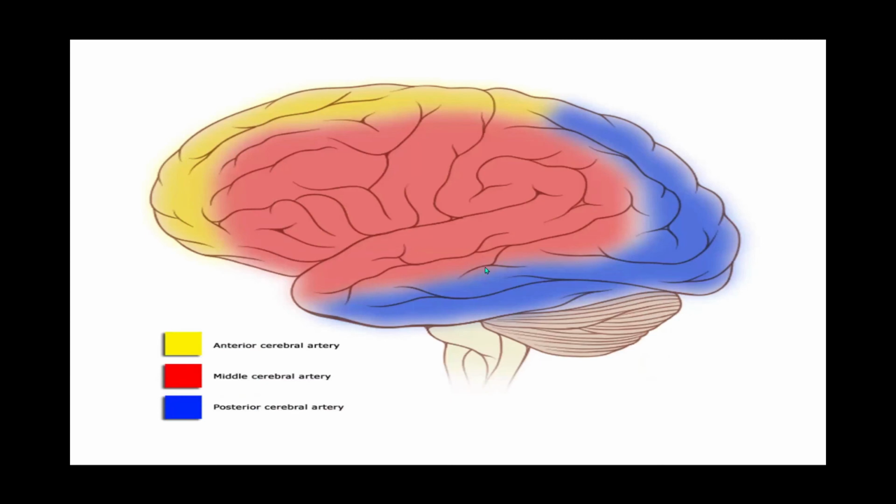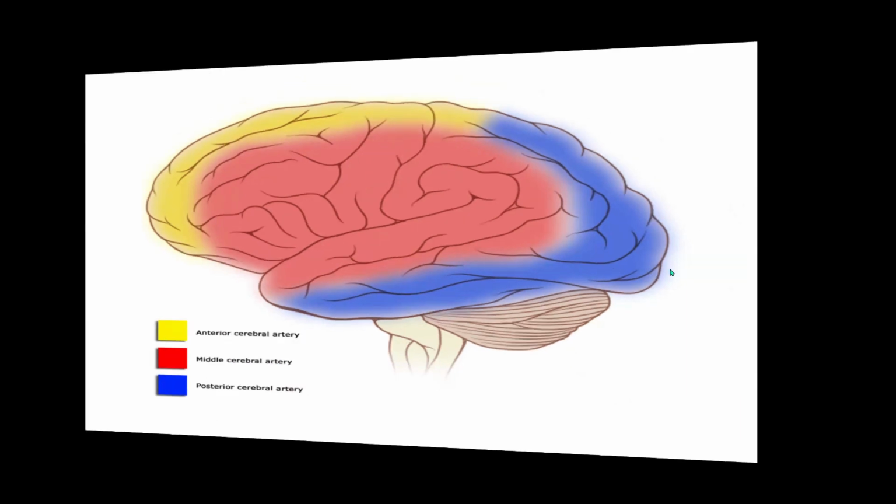And this is just a pictorial representation of the blood supply to the cerebral hemisphere. You can see that most of the lateral surface of the cerebral hemisphere is supplied by the middle cerebral artery. Most of the occipital is supplied by your posterior cerebral artery.